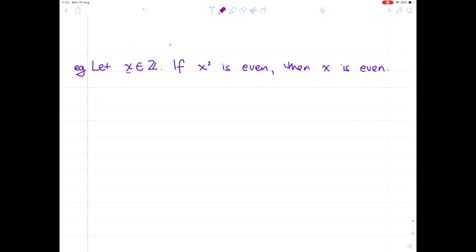So let's see. Our premise is that x squared is even, and our conclusion is that x itself is even. So what we're actually going to prove is that if not our conclusion, then not our premise.